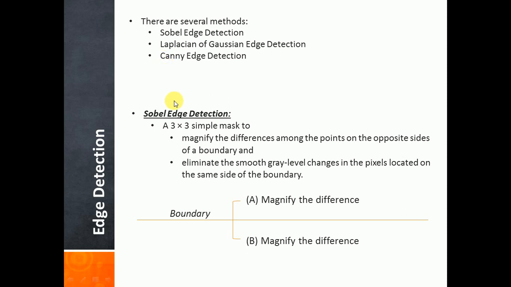Well, the way Sobel edge detection works, it really is a simple 3x3 mask, where you have a boundary, and assuming this is your edge, what you're really doing is you magnify the difference on the pixels opposite to the boundary, whereas you eliminate the similarities at the same level, on the same side of the boundary.